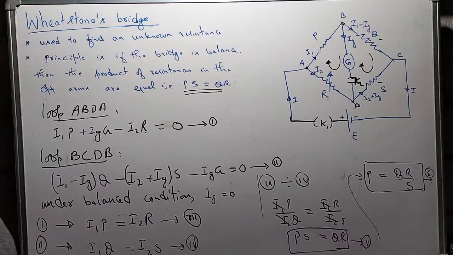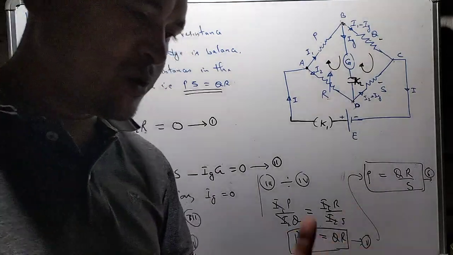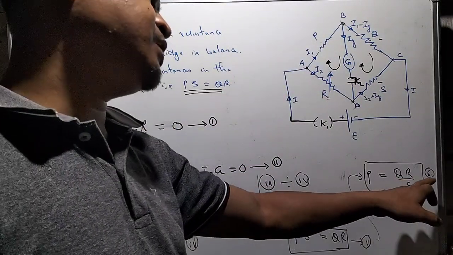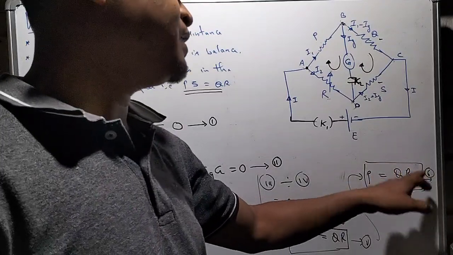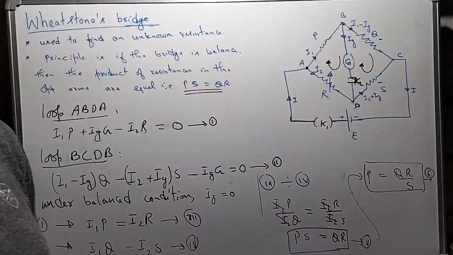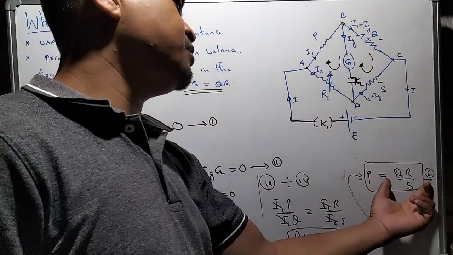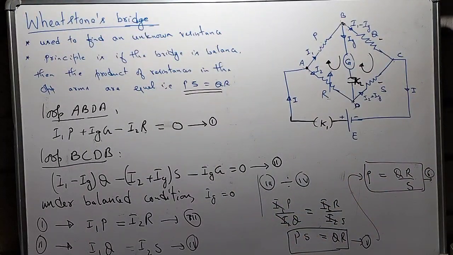From equation 6, this unknown resistance, which is to be determined by this bridge, can be obtained by using this equation, because Q, R and S are all known resistances. So this unknown resistance P can be obtained easily using equation number 6. So this is all about the Wheatstone bridge. I hope this video is clear to you.